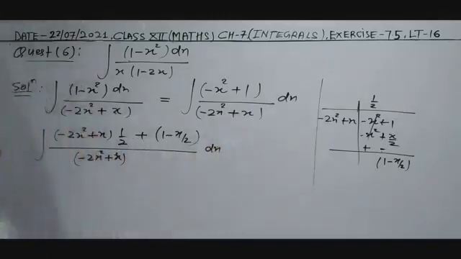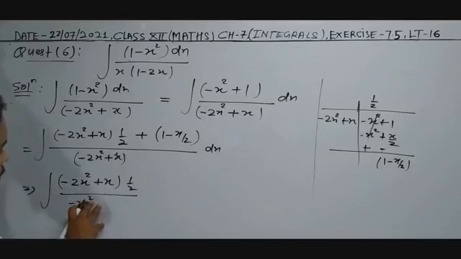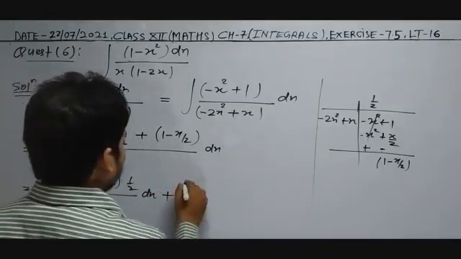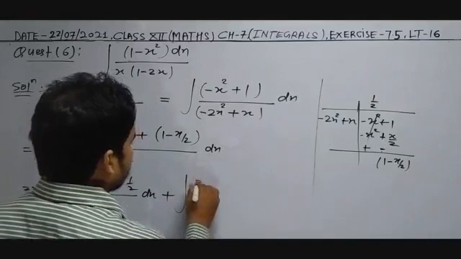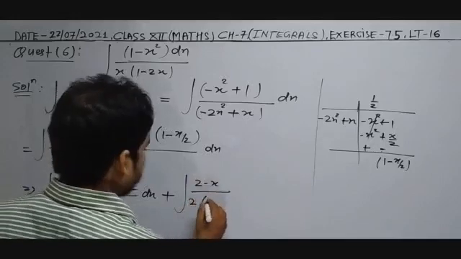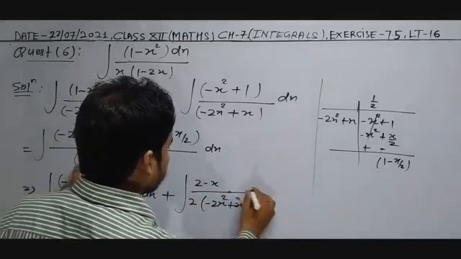whole upon minus 2x square plus x dx. Now when you will split into two integrals, you will get the result: integration of (minus 2x square plus x) with 1 by 2 whole upon minus 2x square plus x dx plus integration of (2 minus x) whole upon 2 times (minus 2x square plus x) dx.